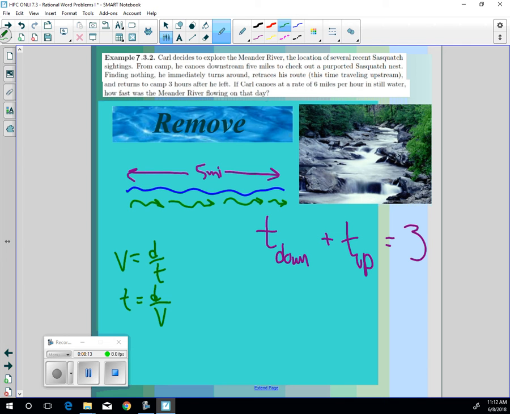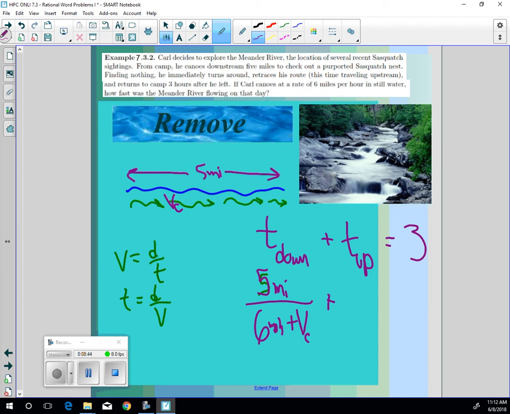So the time going downstream is going to be 5 miles over the speed. Well, he can go 6 miles per hour, but he's going to be going with or against the speed of the current if he's going downstream.